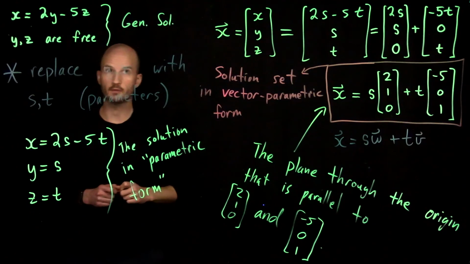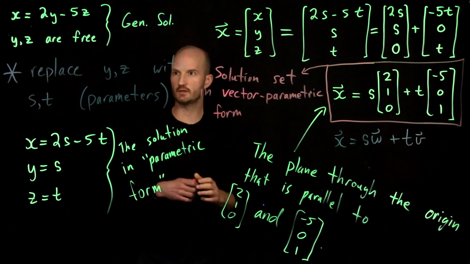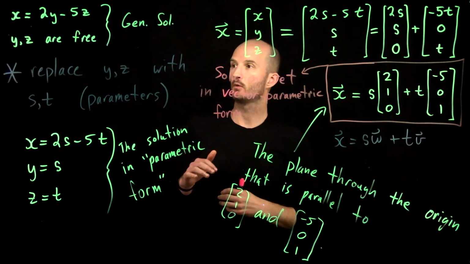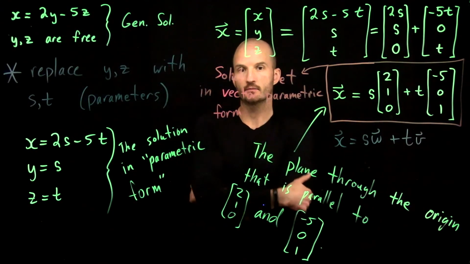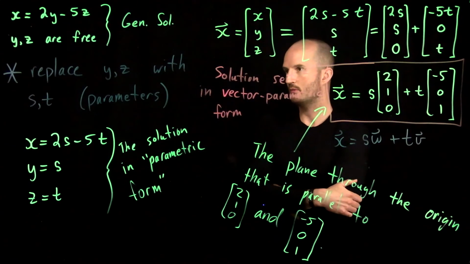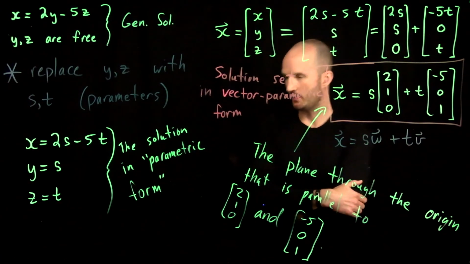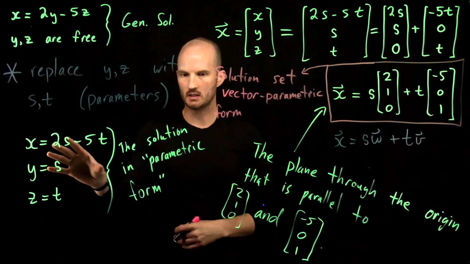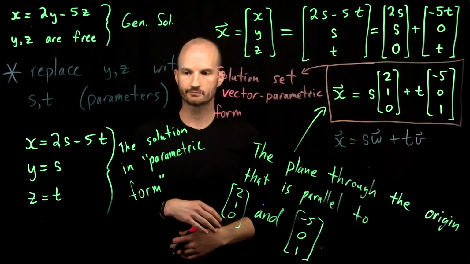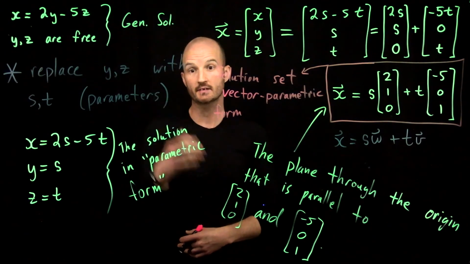Okay, so there's a lot going on there. We had a system, we solved it. We obtained first a general solution where you have the original variables and you just say that some of them are basic and some of them are free. And then we replaced the free variables with parameters, and we obtained what's called the solution in parametric form, or you'd say the solution set in parametric form.